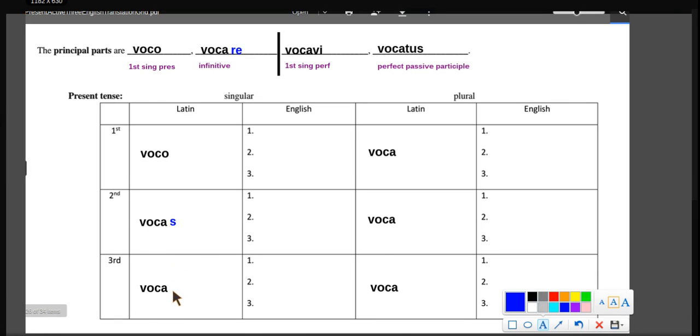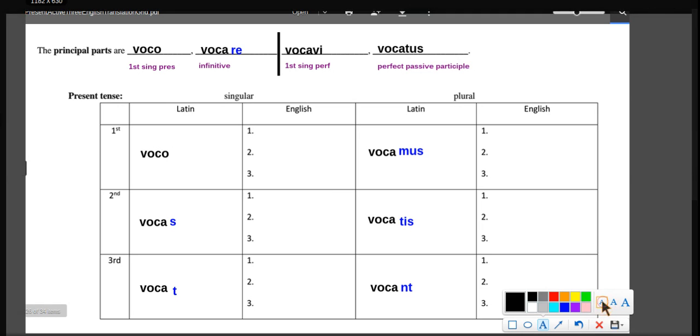For third singular, you add a T. So we have vocat. For first plural, you add mus on. So we have vocamus. And then for second plural, you add tis, vocatis. And for third plural, you add an NT, so vocant. So your forms would be voco, vocas, vocat, vocamus, vocatis, vocant.